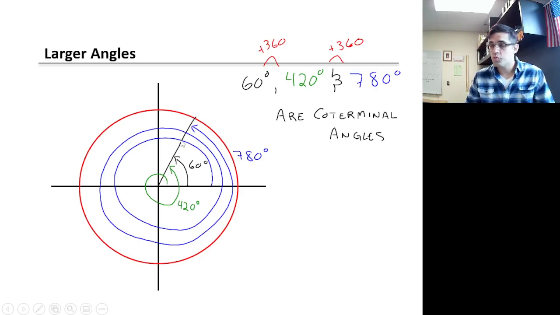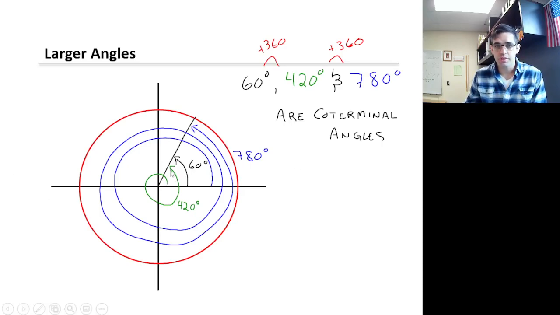Since all these angles end, or terminate, at the same spot on the unit circle, we call them coterminal angles. Co means like together, terminal means like end. So these angles all end at the same spot.